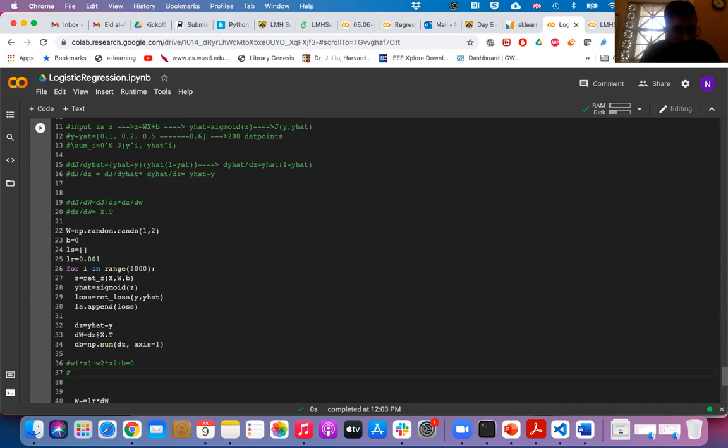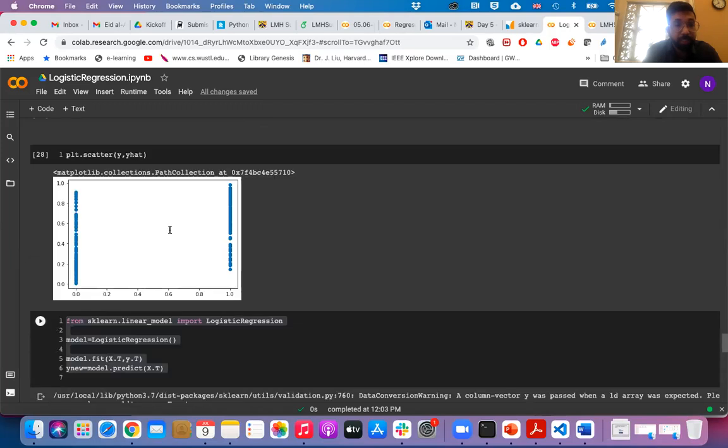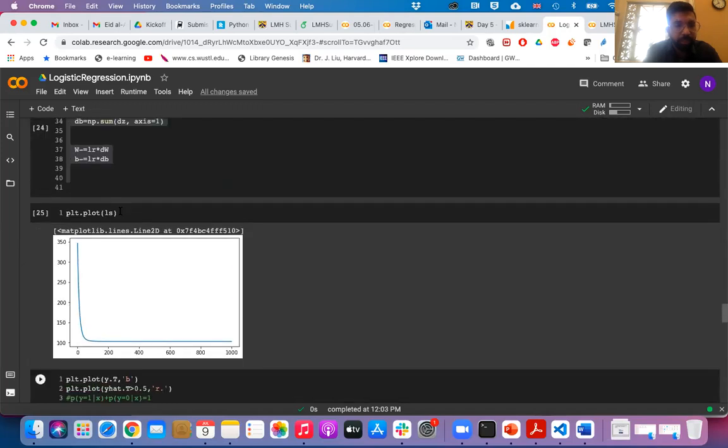So if I do it, x2 would be minus w1 times x1 minus b divided by w2. We have to plot this, right? And this would give us the decision boundary.